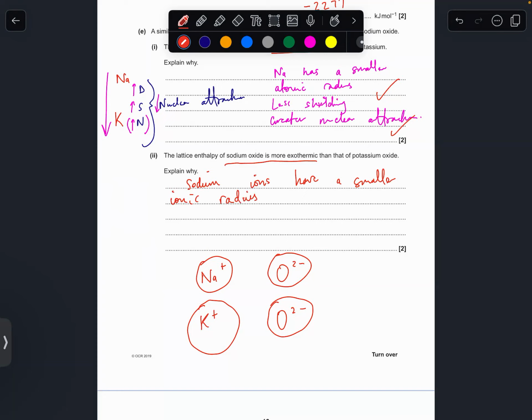And because it has a smaller ionic radius, this is an extra thing, but I want you to think about it. The charge density, that +1, is now spread over a smaller volume in sodium versus potassium.